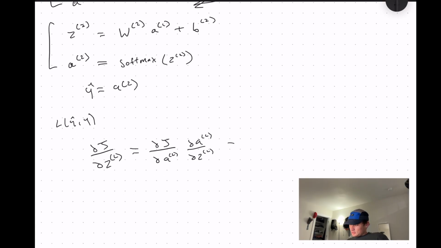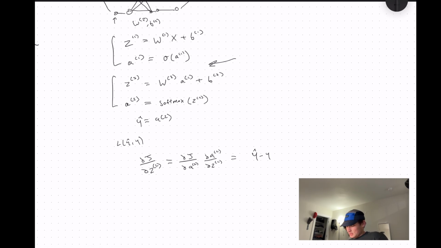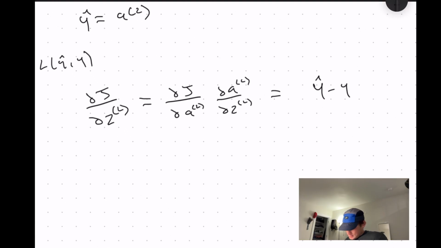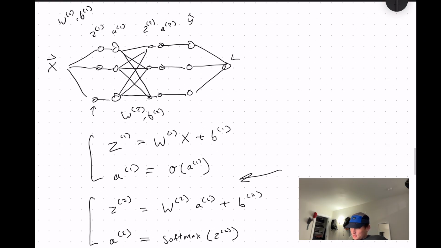And so this is always equal to y hat minus y. I'm pretty sure. Maybe not always, but in these equations with the softmax, it is. Okay. So that is what's called the error in the last layer. And so then now let's try and find the error in some arbitrary layer, lowercase l.